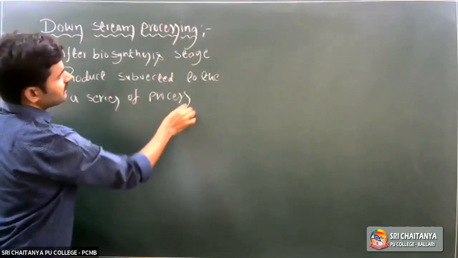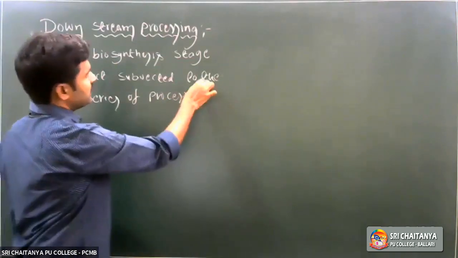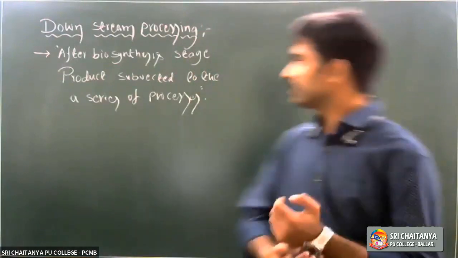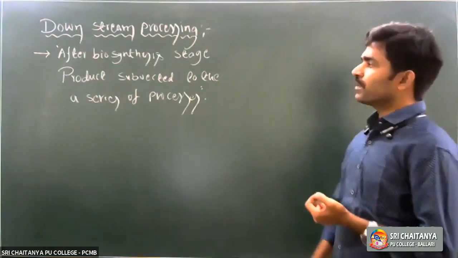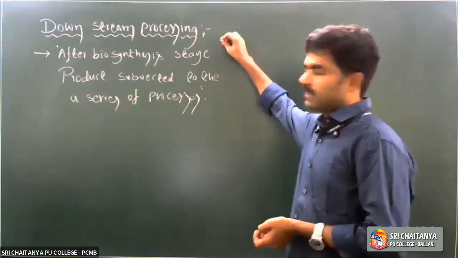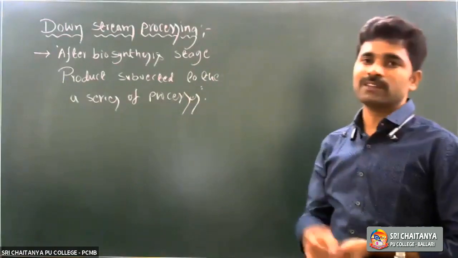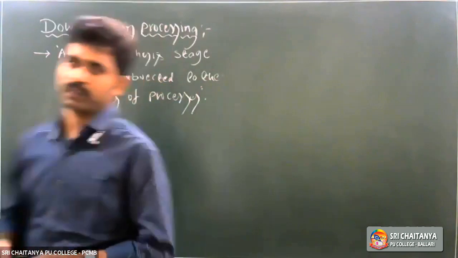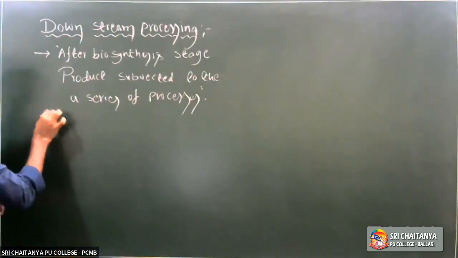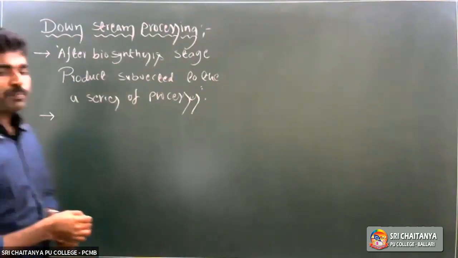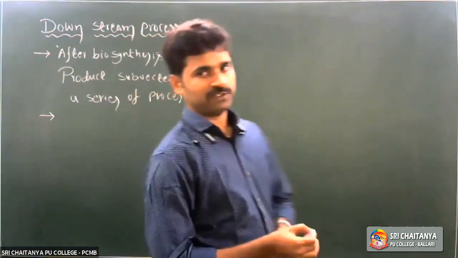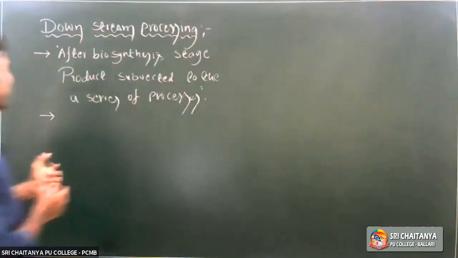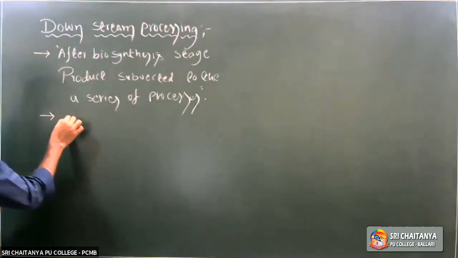That series of processes is called downstream processing. So after the biosynthetic stage, the product which is present in bacterial cells is subjected to a series of processes called downstream processing. Otherwise, you can take another definition: separation and purification are collectively known as downstream processing.